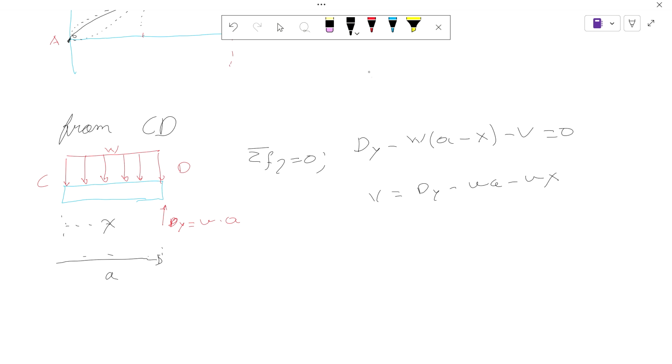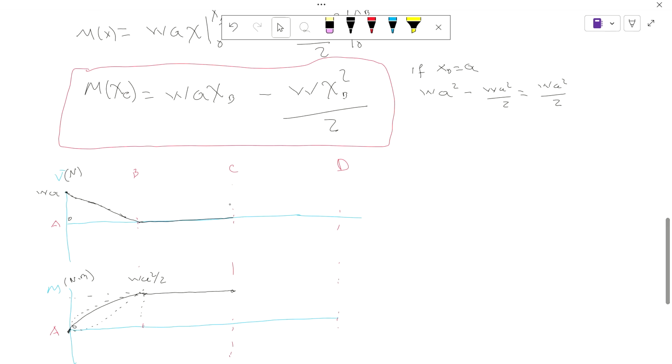And D is WA. We found that already. So it's basically a negative slope up until we find D, which is WA, going up.